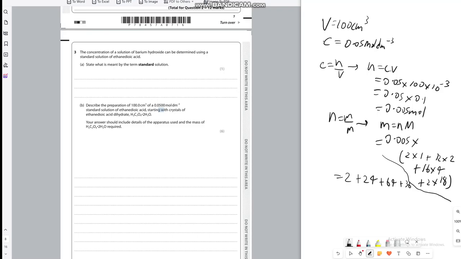24 plus 64 is 88, 88 plus 2 is 90, 90 plus 36 is 126. So I get the answer here as 126. Then the mass required will be 0.005 into 126, isn't it? Yeah.